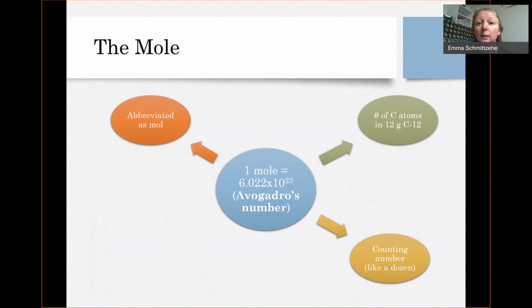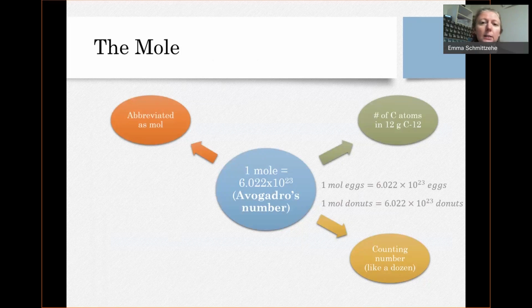So we could apply it to anything. And so you could apply it to eggs and donuts if you wanted. It's kind of silly because we couldn't possibly have that many eggs or donuts. But you could say 1 mole of eggs is 6.022 times 10 to the 23rd eggs. Okay, or 1 mole of donuts is 6.022 times 10 to the 23rd donuts.